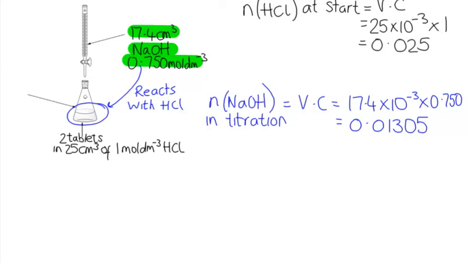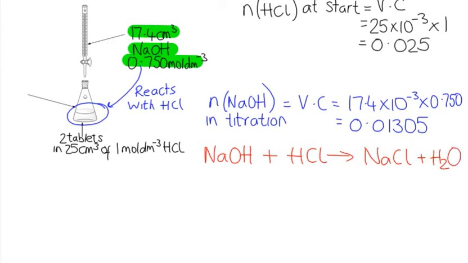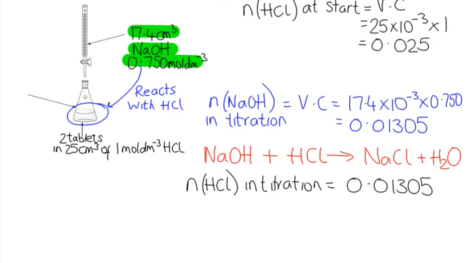So let's use the ratio. So we're going to need to think, what's our equation for our reaction between NaOH and HCl? How do NaOH and HCl react? Well, they react 1 to 1. So if I had 0.01305 moles of NaOH, then I must have had 0.01305 moles of HCl in my titration.